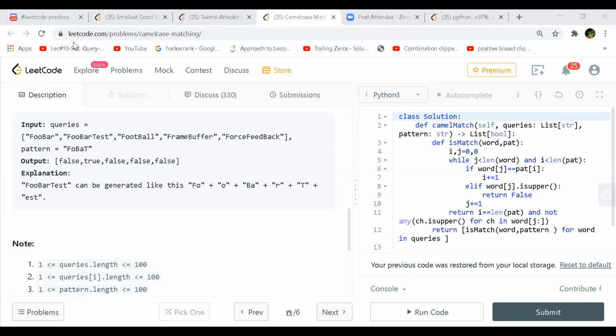If they are present, then the only thing that remains is the lowercase. If the lowercase letters present in the pattern are also present in the query, then it matches. And they should be in sequence also, right? Yeah, sequence should matter.